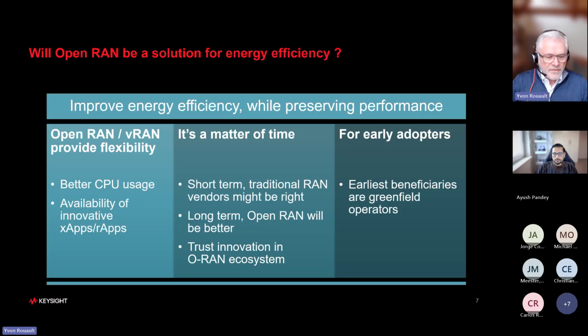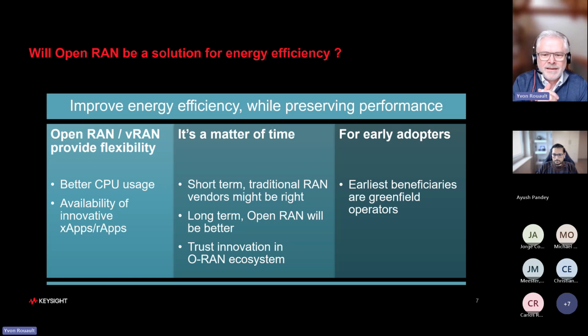So I don't have any crystal ball. Probably nobody has. And the typical question that comes at this point in the presentation is, and that's why I put that slide actually, will Open RAN be a solution for energy efficiency?